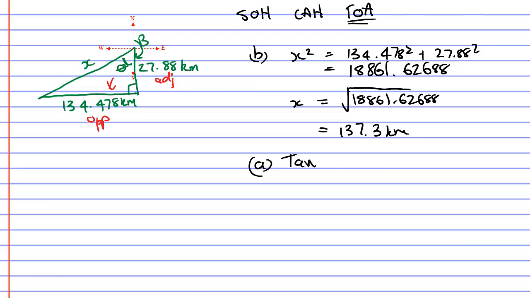So tan of theta, tan theta is opposite over adjacent, so 134.478 over 27.88, and theta will be tan inverse of this fraction.